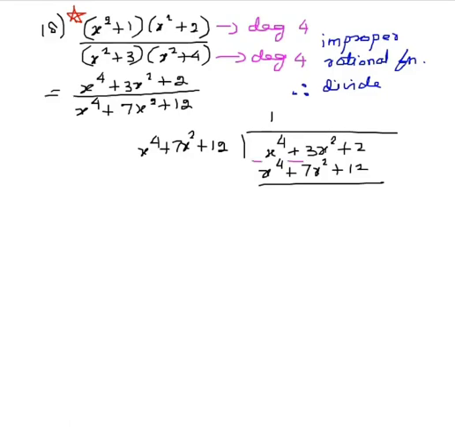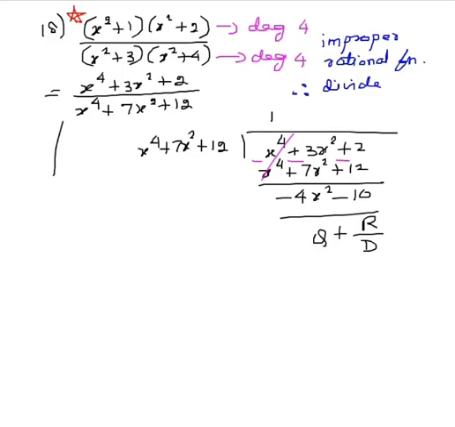Change the sign. These two are getting cancelled. Minus 4x square and minus 10. That's it. The degree of the remainder is lesser than the degree of the divisor. So stop here and write it as quotient plus remainder by divisor.